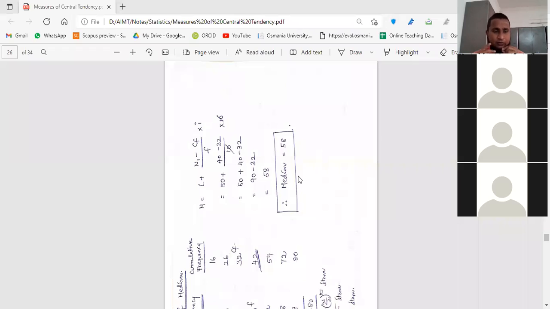Once you remember the formulae, you can develop the different columns, because X is already given, F is already given. You must know what terms come in the formula, and accordingly develop another column. So XF is already there, and you need to find the CF, the cumulative frequency column. If you remember the formula, you will know that you have to find CF.